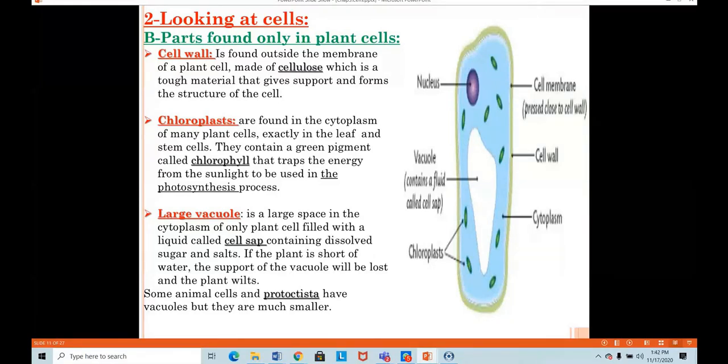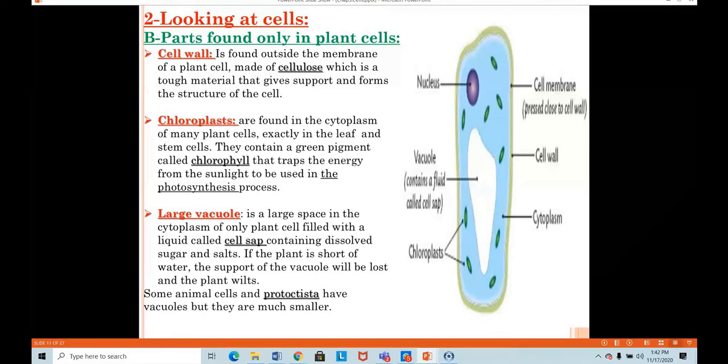So the plant not only needs energy from the sunlight, but also the carbon dioxide from the air and the water and minerals from the soil for photosynthesis to take place. The chlorophyll is an important pigment which helps in absorbing the sunlight so that the photosynthesis process can take place. Clear, ladies?